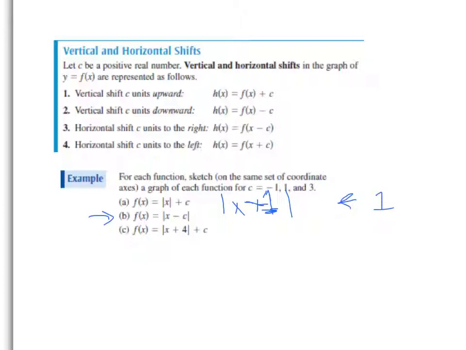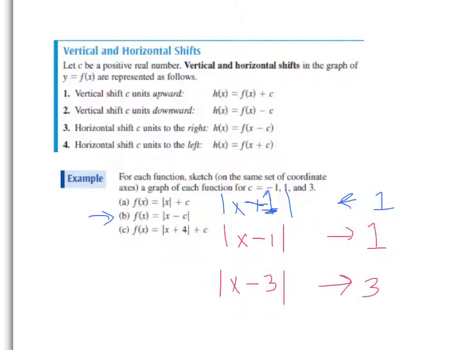If we have absolute value of x minus 1 for the next one, that is going to make my graph go to the right 1, because you're always going to do the opposite of what it tells you. When you have the 3, you have absolute value of x minus 3, because it's minus and the change is happening inside the equation, you're going to do the opposite and actually go to the right 3.